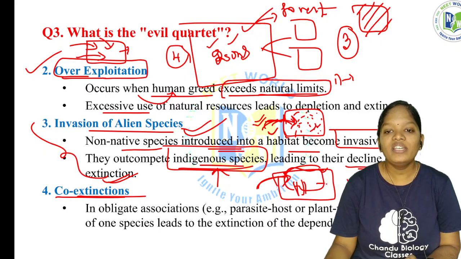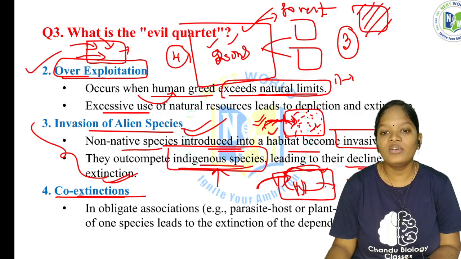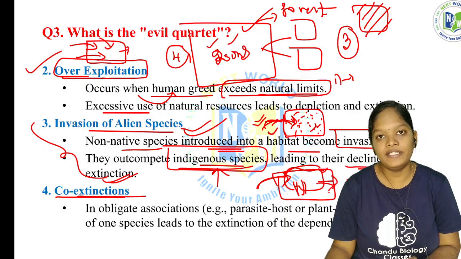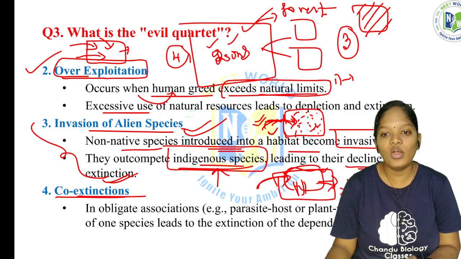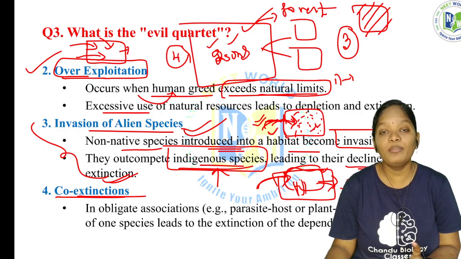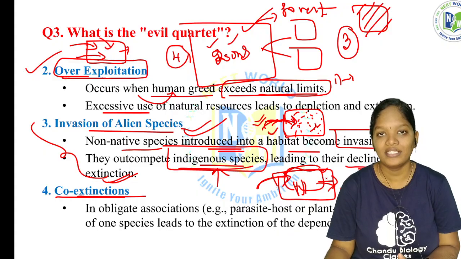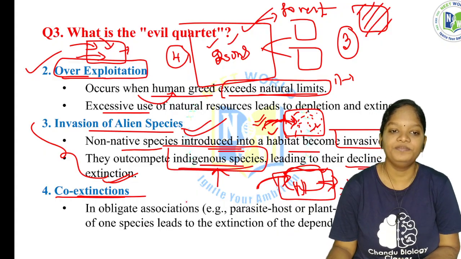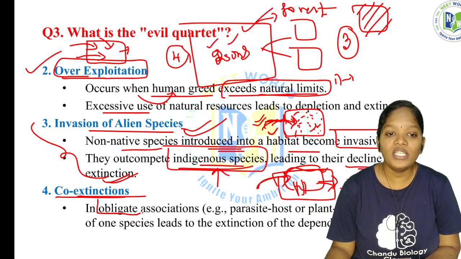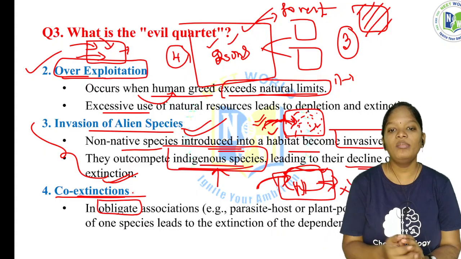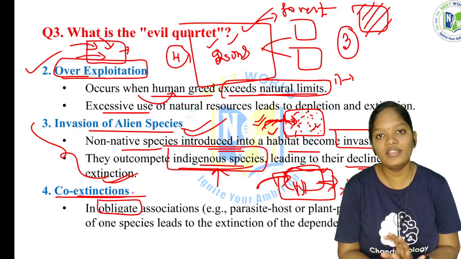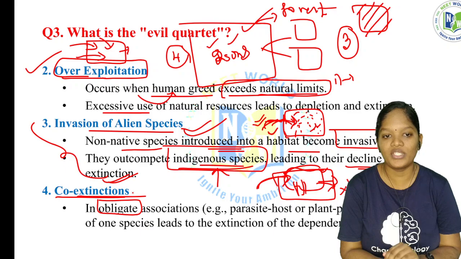Now if the plant goes extinct, the insect that depends on this plant will also go extinct. So this is an obligate association. We have obligate association and facilitative association.